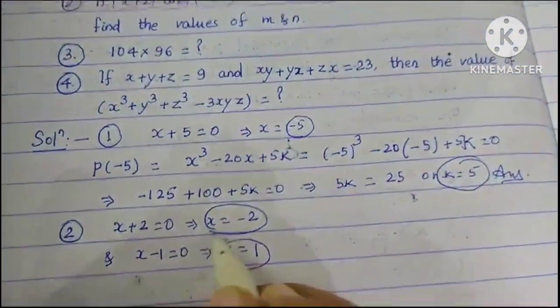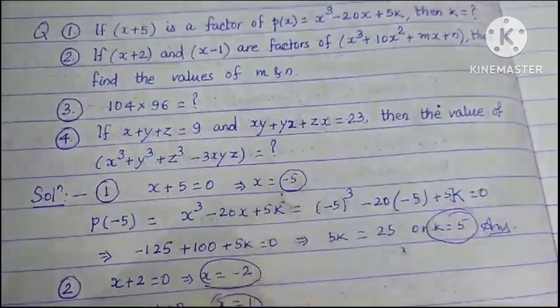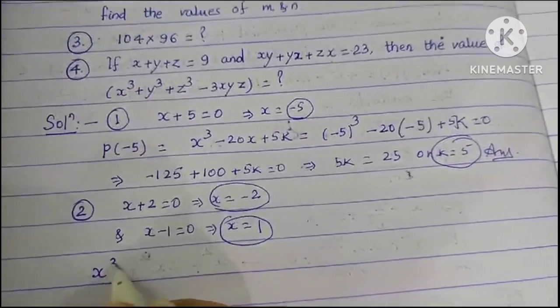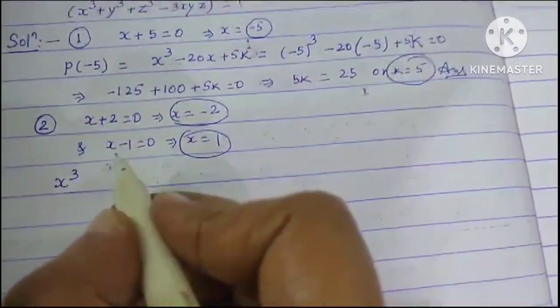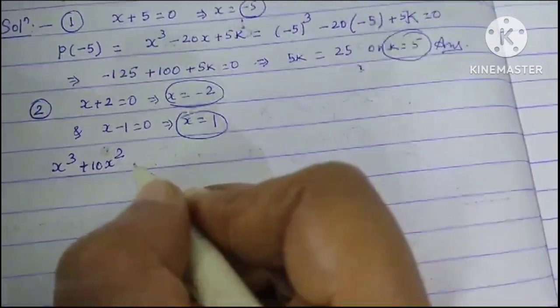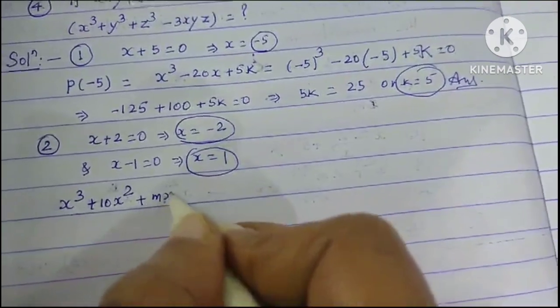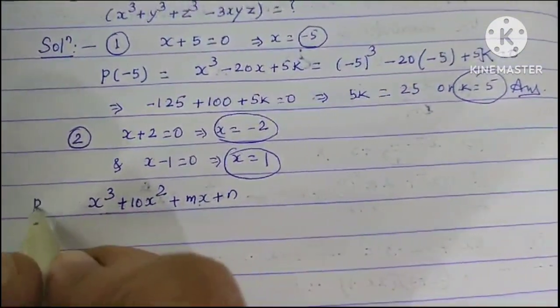So first of all, let us put minus 2 in this expression. The expression is x cube plus 10x square plus mx plus n. This is the expression. So first of all, let us suppose this is p(x).